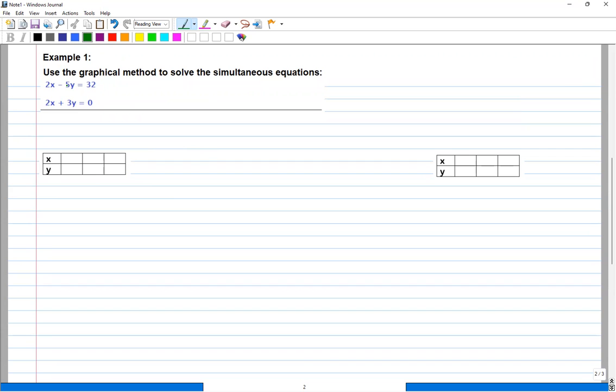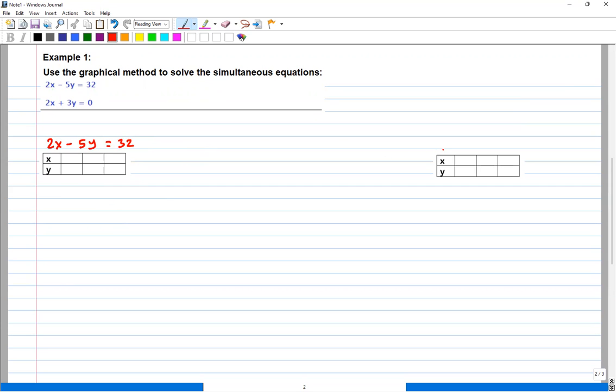Example 1. Use the graphical method to solve the simultaneous equations. All right, so we are having 2x minus 5y is equal to 32, and 2x plus 3y is equal to 0. Here, let's have 2x minus 5y is equal to 32.